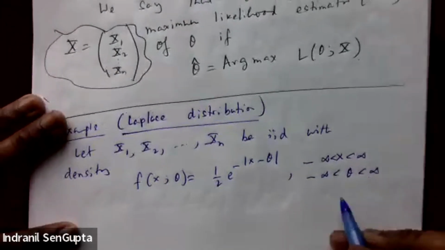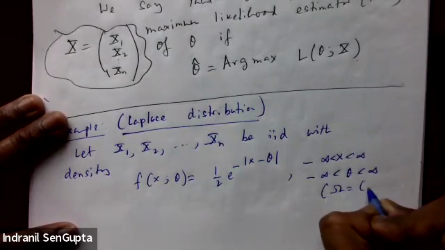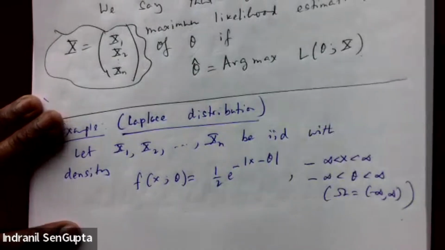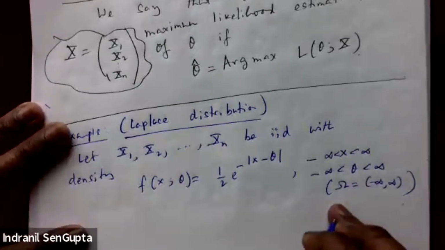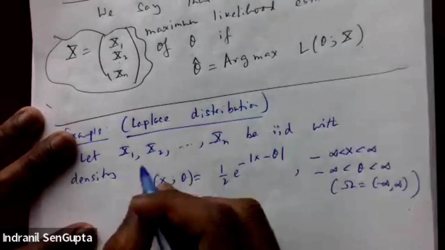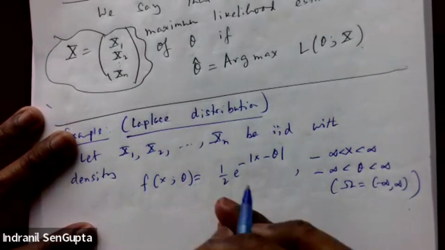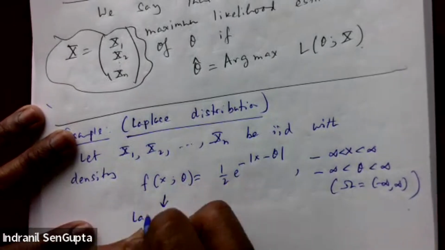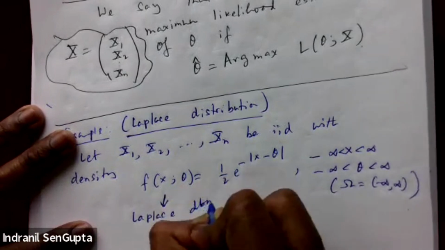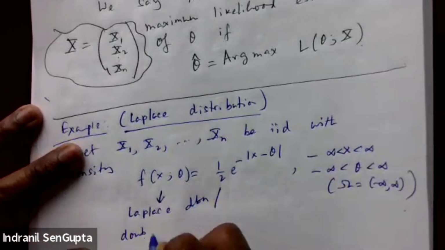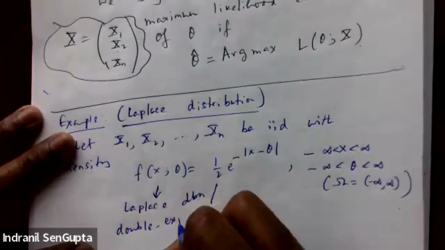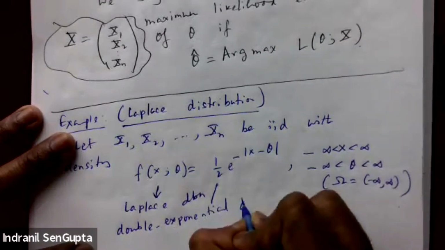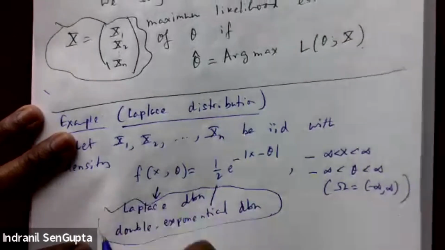So the big Omega set is minus infinity to infinity, where theta belongs. This PDF is referred to as the Laplace or the double exponential distribution. What is the goal? I'm trying to estimate theta. As simple as that. Now let's do that.